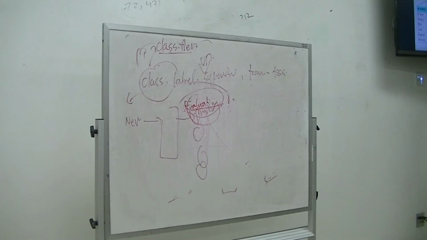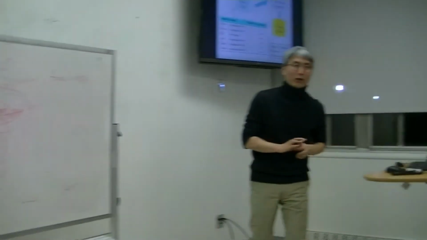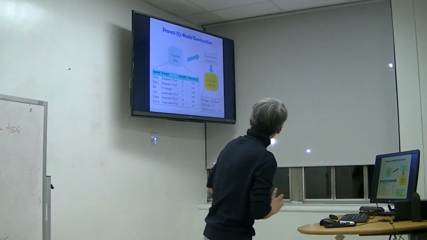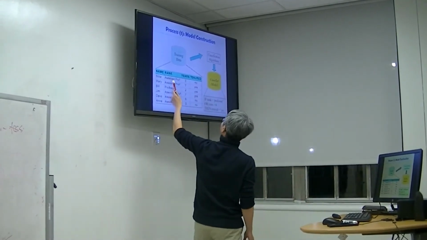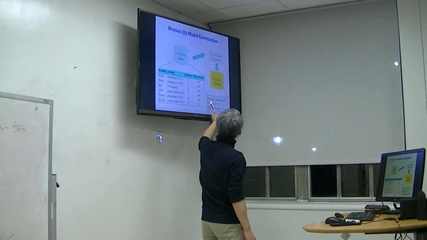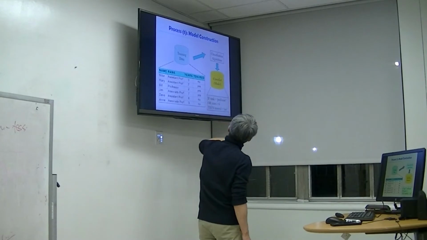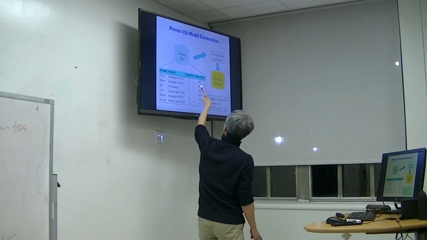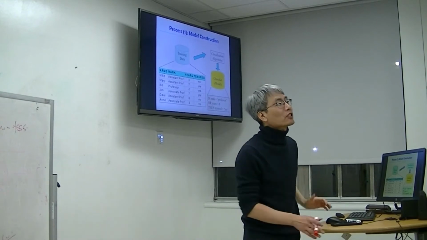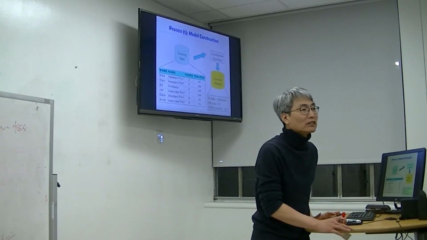Okay? Then this is an example. It's a rule-based one. Old, but it's easy to interpret. If rank is professor and the number of years of experience is higher than 6, then tenured is yes. So can we get such a model? How?